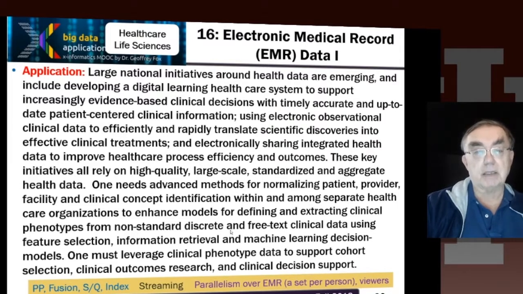And they point out that the EMRs are growing in importance as we build clinical support systems which have significant analytic capabilities behind them. And those are integrated with scientific discoveries to aid clinical treatments. And we are sharing health data as much as possible to improve both the efficiency and the outcomes.